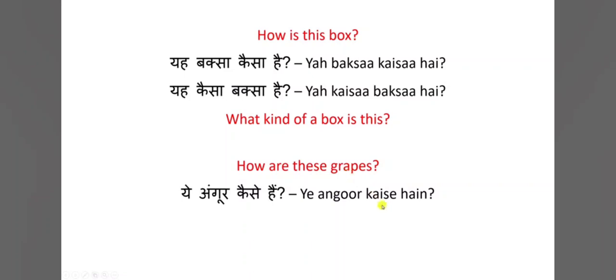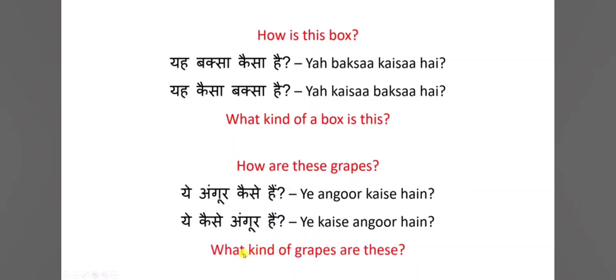But if you change the position and place it before the noun, then this sentence is this sentence. What kind of grapes are these? Are they sweet grapes? Are they sour grapes? Are they big grapes? Are they small grapes? Are they green grapes? Are they black grapes? What kind of grapes are these? That is what we are asking.